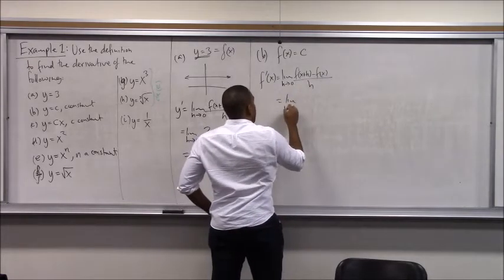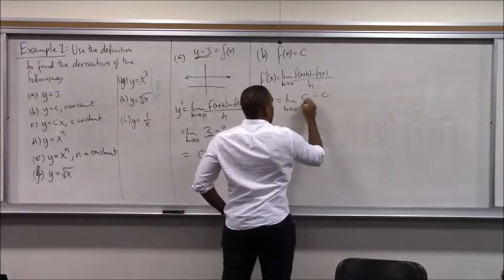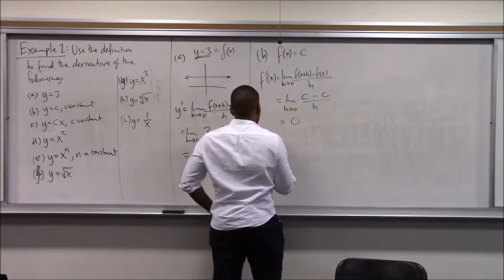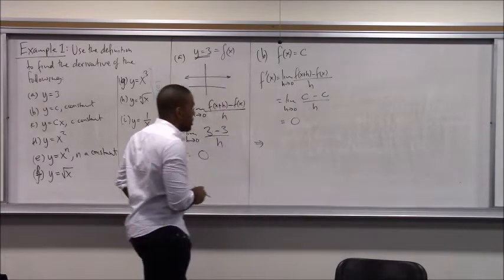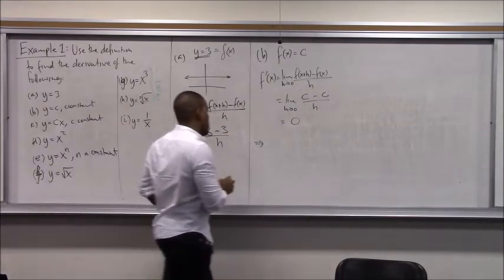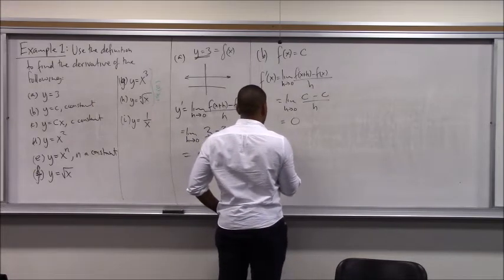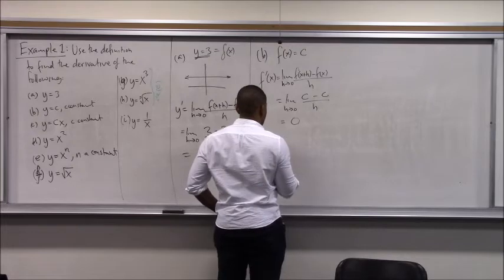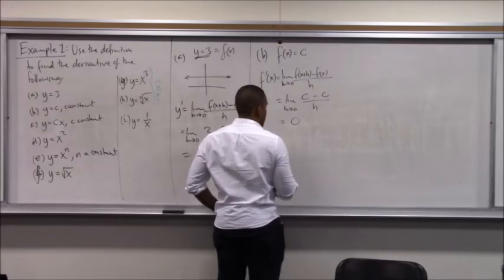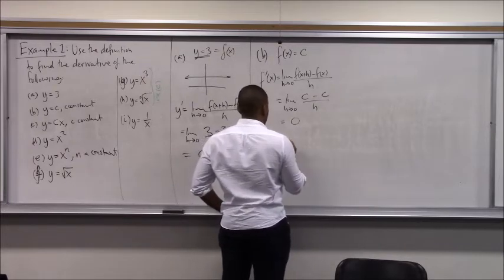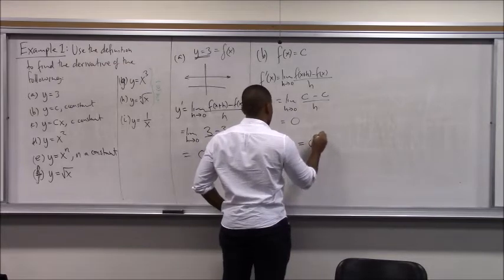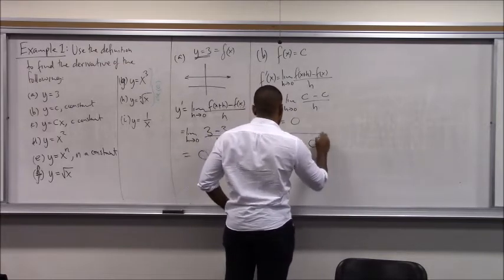That's always going to be c minus c over h. You will always get 0. In fact, this is a rule that we can talk about now. I'll write it down. Usually I'll say the rules in Leibniz notation, probably the best way to memorize them, I think. The derivative with respect to x of a constant is 0. So I can express that as a rule.